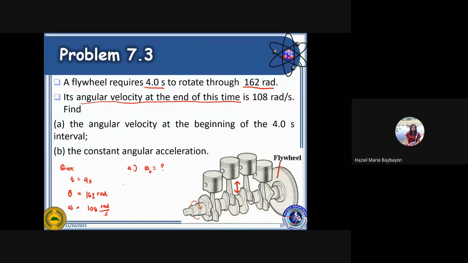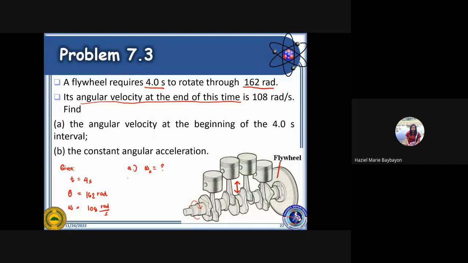So we cannot use the first equation because it requires us to have an angular acceleration pero wala man tay angular acceleration. So the only equation sa kinematics equation nga walay angular acceleration alpha is the third equation.